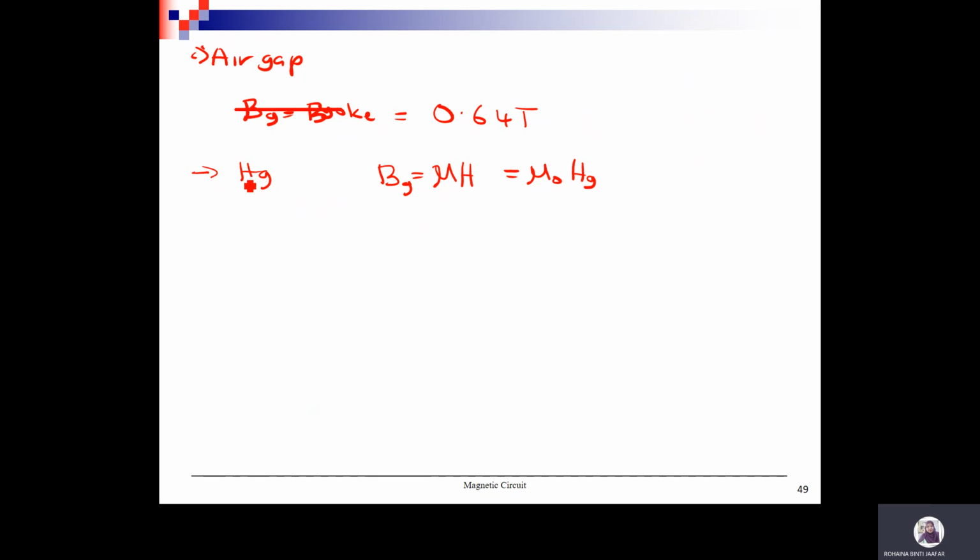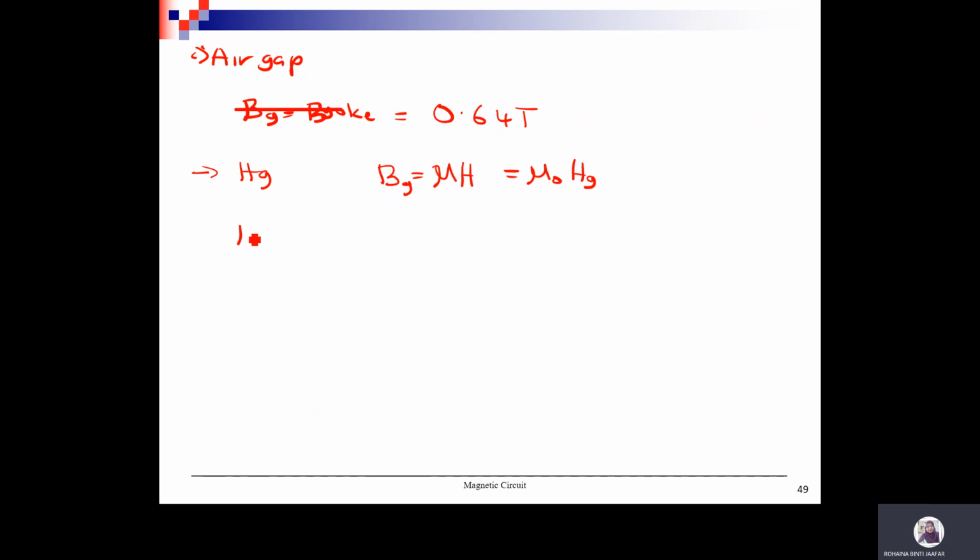To get the Hg, for the air gap you cannot refer to the BH curve, because the BH curve is only for cast steel, cast iron and sheet steel.